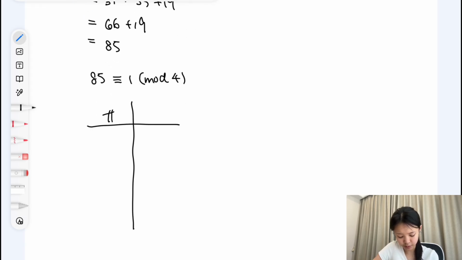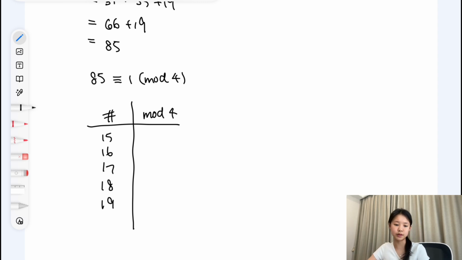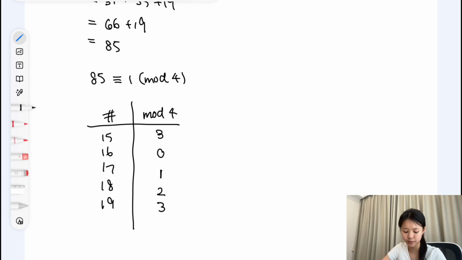So here we have our numbers all the way from 15 to 19. 15 is 12 plus 3, so it has a remainder of 3. 16 has a remainder of 0, 17 has a remainder of 1, 18 has a remainder of 2, and 19 has a remainder of 3.